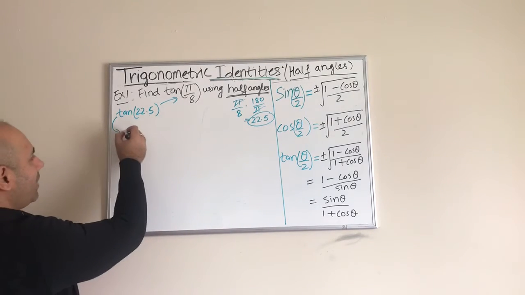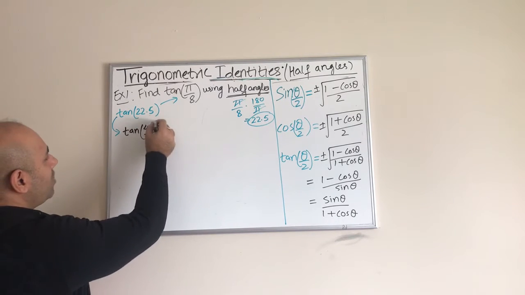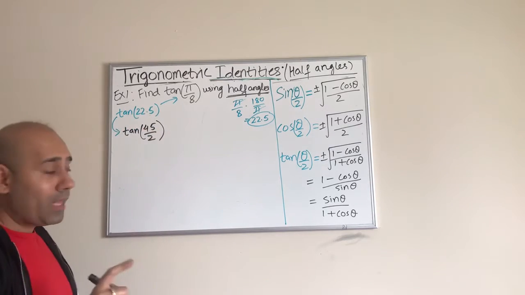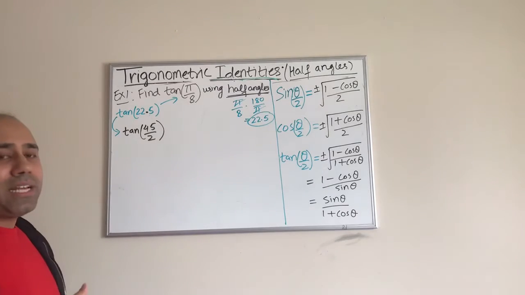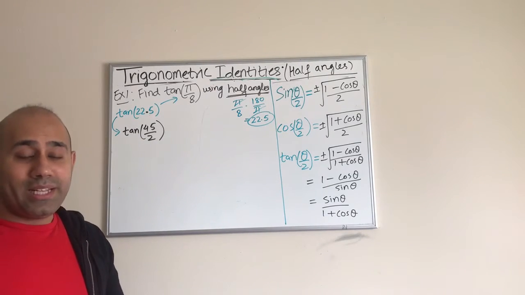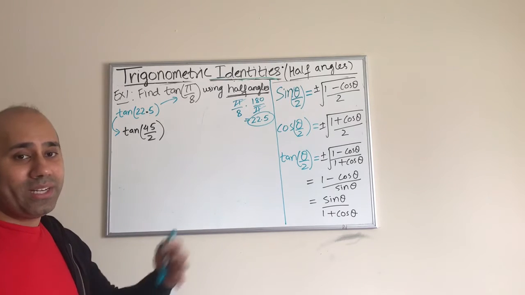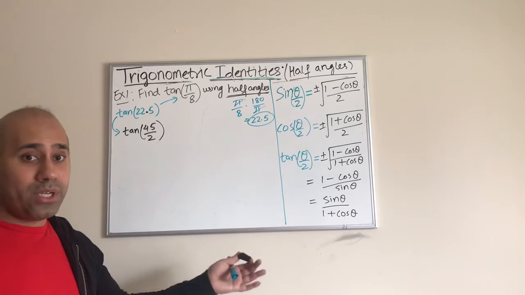So here we can write this as tangent of 45 divided by 2, because 45 divided by 2 is 22.5. That is one of the reasons why we chose 45 degrees. The other reason is that the 45 degree angle can be identified on the unit circle, so we can use the unit circle to finally simplify and evaluate the tangent of 22.5.